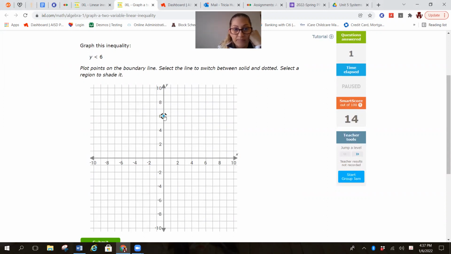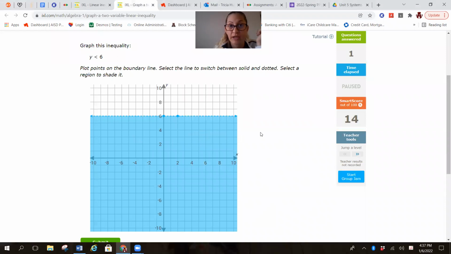I'm going to click it. Now notice as soon as I move away from the y-intercept, I'm going to click it. But does it want a solid line or a dotted line? Solid or dotted? And I'm going to have to look at my inequality. It's a less than. Less thans are dotted lines. Less thans have shading below it.